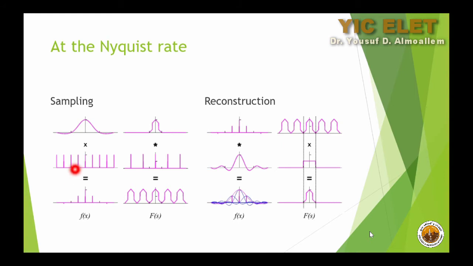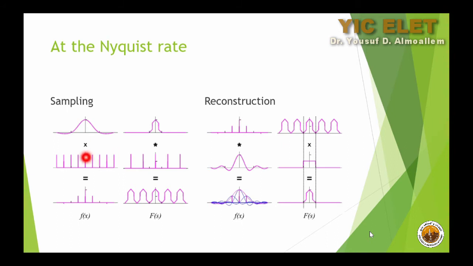In the frequency domain, this shape is changed by the Fourier transform to this shape. Now, multiplication will be changed into convolution. The impulses will be changed to other impulses. The separation here is Ts for the sampling, and here is Fs for the sampling, which is 1 over Ts, so the reciprocal.